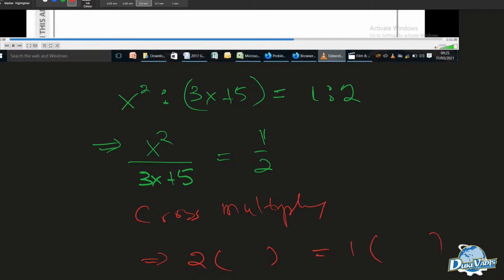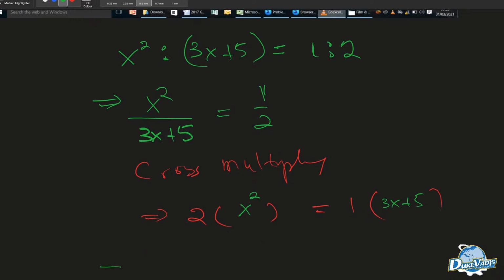So when we cross multiply, we get 3x plus 5, and 2 is multiplying x squared. So when we do the expansion, we get 2x squared is equal to 3x plus 5.